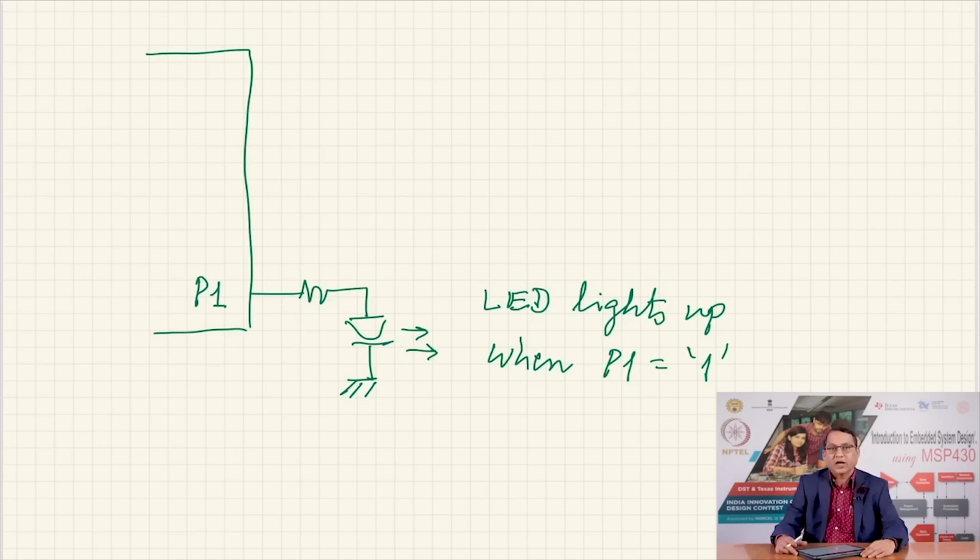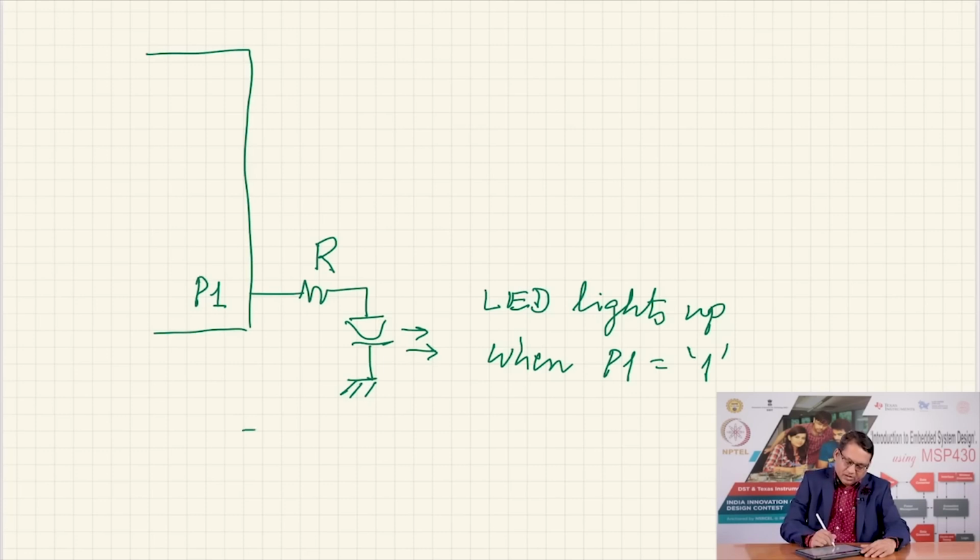The question is how much current flows through the LED, and it will depend on the resistor R and the nature of this LED. The voltage across a LED depends on the color of the LED, and therefore, you need to find out from the data sheet what is the voltage drop across that LED, and you can use these parameters in an equation to estimate the current.